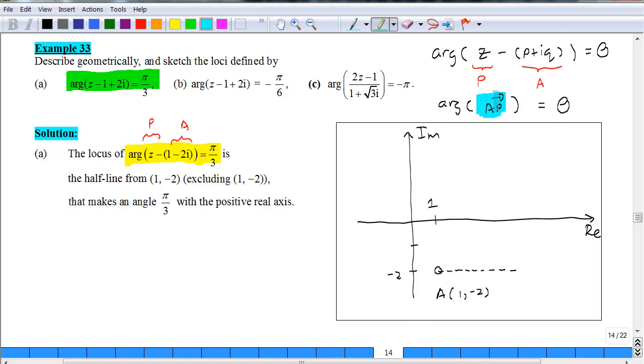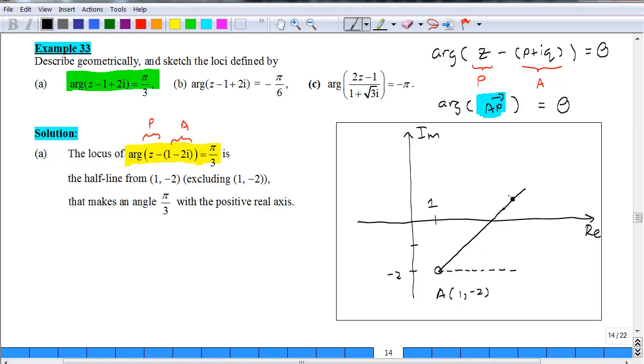So I'm going to draw a line from A such that all the points on this line are the possible places where the complex number Z can be represented.